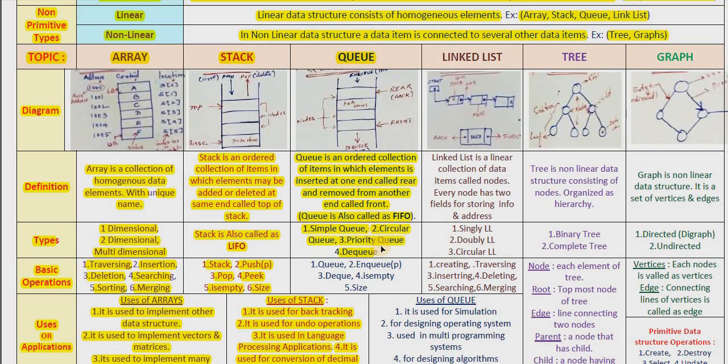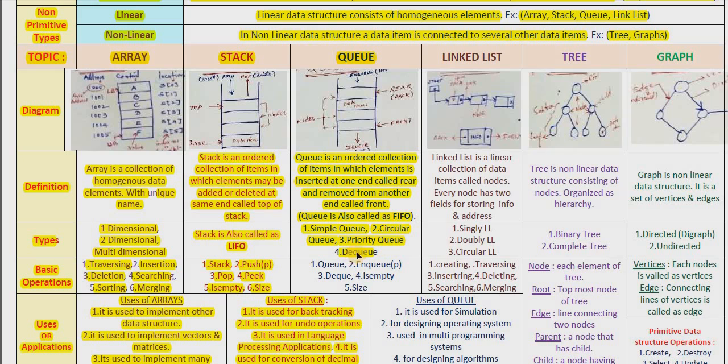Then priority queue. What is priority queue? Actually in a queue, data is added from the first cell and removed from the last cell, or data is added from one end and removed from another end. But in priority queue, data can be added or removed from any cell, not only first and last. Here in priority queue we can delete or add the data from any cell.